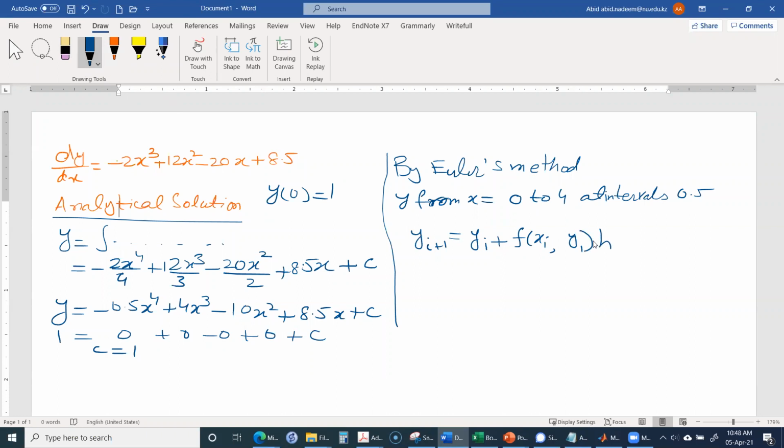Okay, so we have to apply this equation. So y_(i+1) we have to calculate. Because y_i is, these are the initial values. So y_i is equal to 1. Okay, y_i is equal to 1.